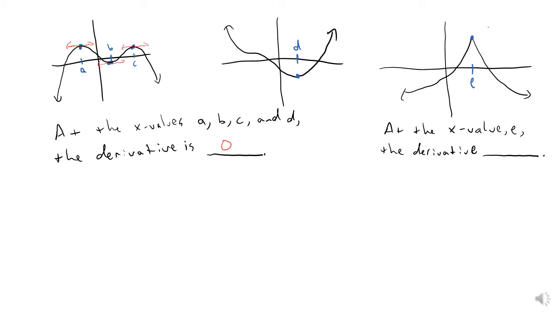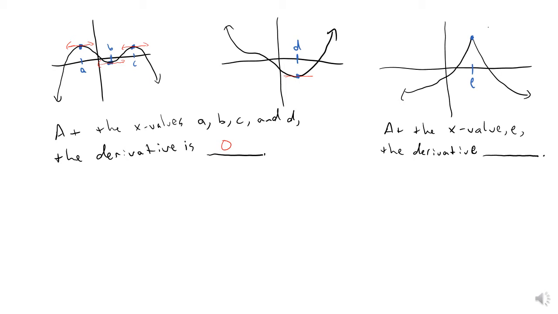And if the tangent line is perfectly horizontal, its slope is 0. Alright, so that's something that we need to keep in mind when we're thinking about finding extrema of any sort. We want to know, where is the derivative 0? If the derivative is 0, then we might have an extremum there.